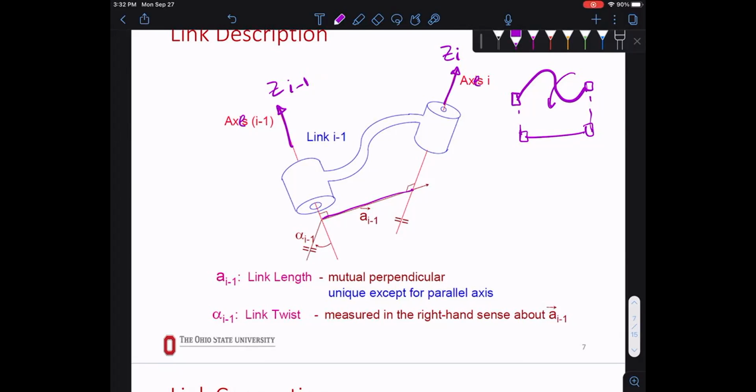You probably draw a line here, perpendicular to both of them, right? Then you say that's the mutual perpendicular between them. That's the distance we're looking for. We're not trying to find the distance between the two far points. We're actually trying to find the closest distance, which is the mutual perpendicular between them. That we will call a i minus 1.